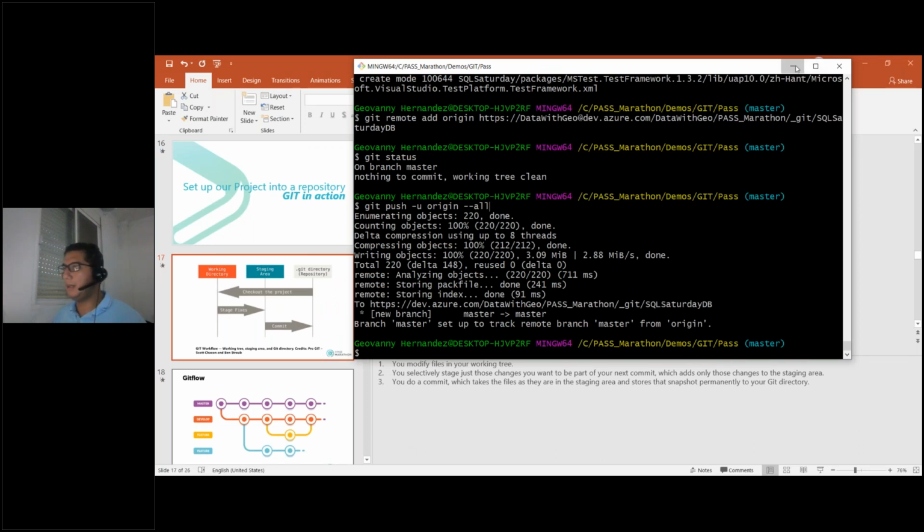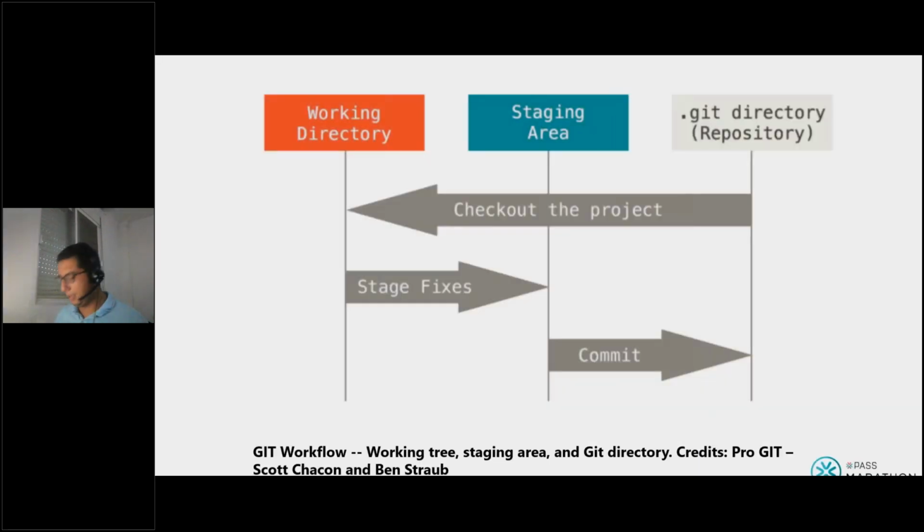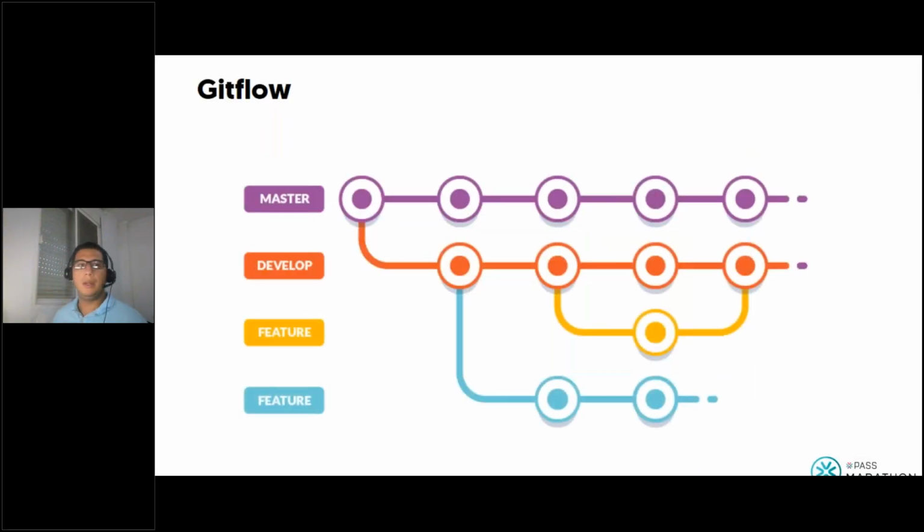Then let me continue with another interesting section related to Git, which is the Git flow. What happens? Normally, we are not supposed to be working on master every time. There is a series of good practices.